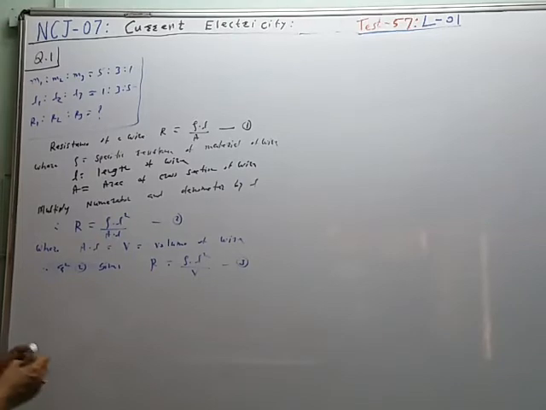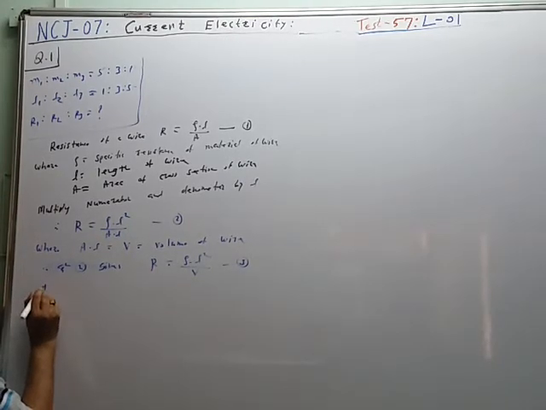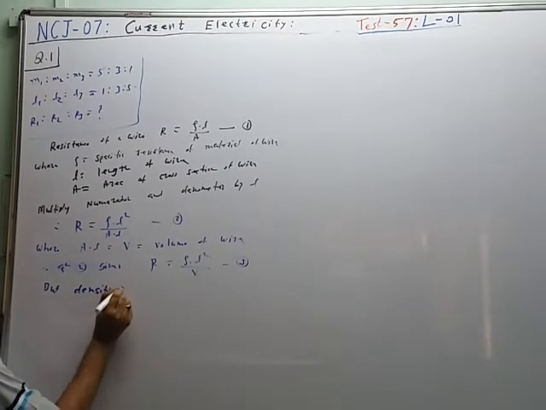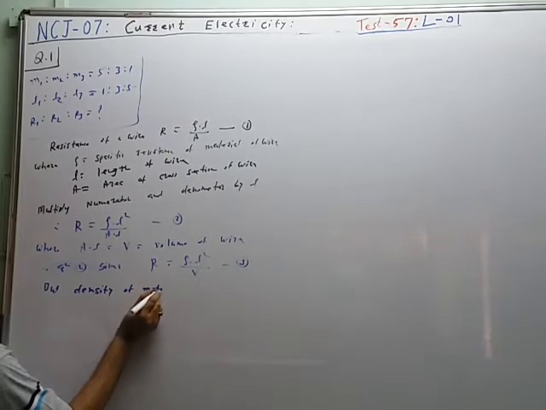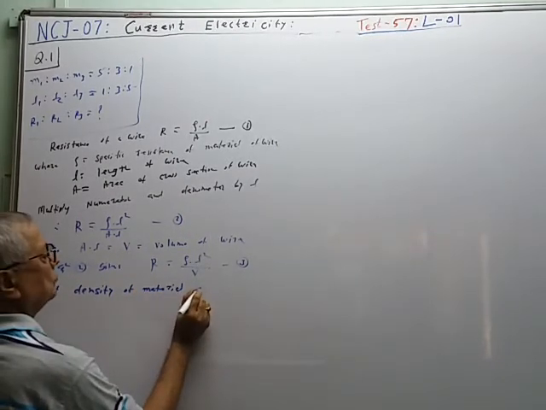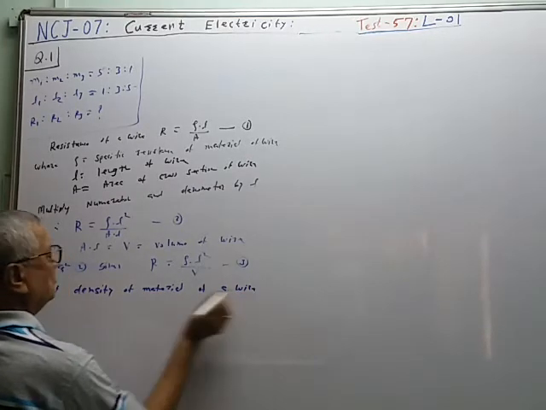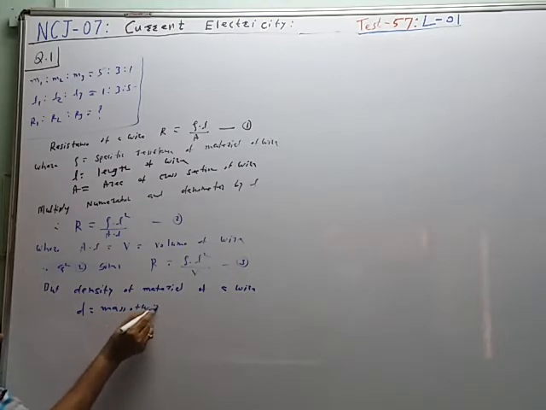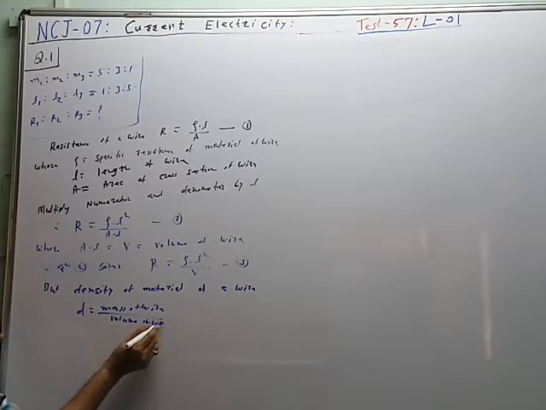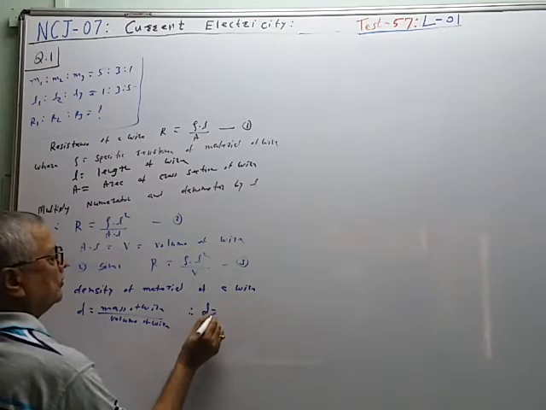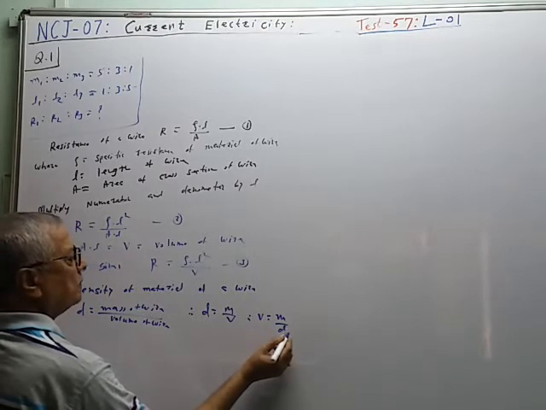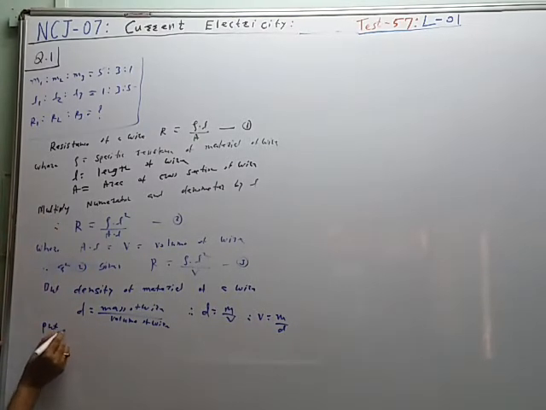V is equal to volume of the wire. But density of the material of a wire D is equal to mass of wire upon volume of wire. Therefore, D is equal to M upon V. Therefore, V is equal to M upon D. Put in 3.